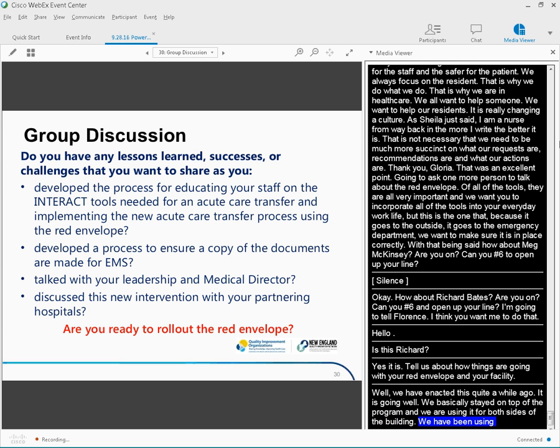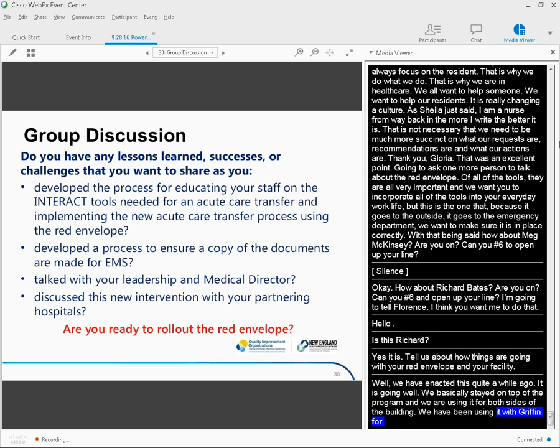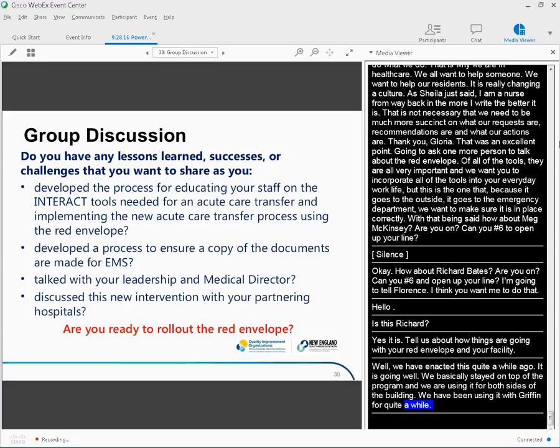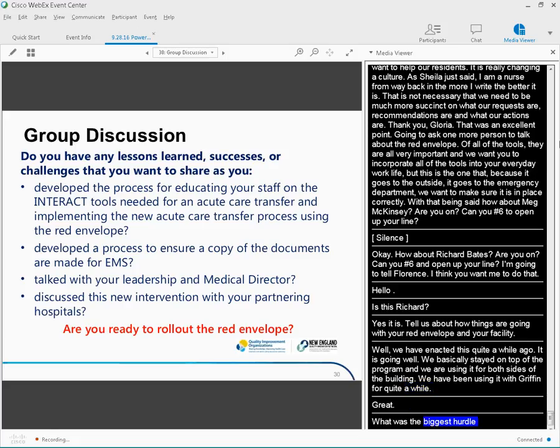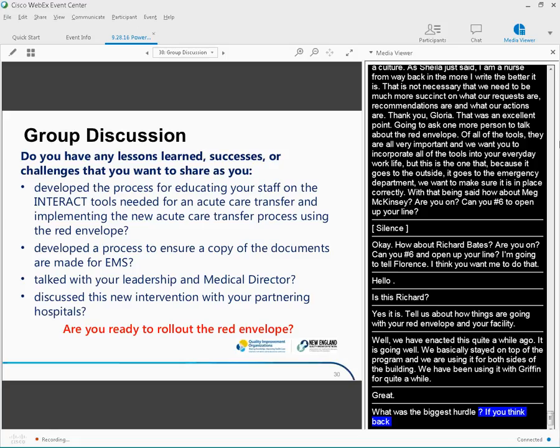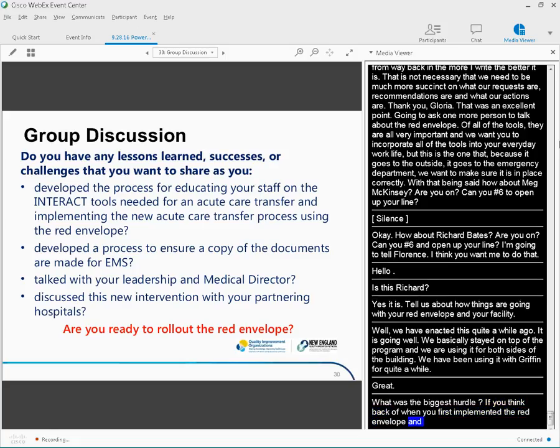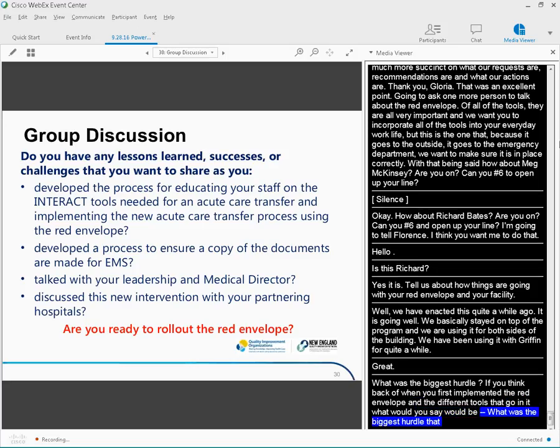And what was the biggest hurdle, if you think back to when you first implemented the red envelope and all the different tools that go in it? Well, I think the biggest hurdle was to get all the nurses on board to understand the importance of it and to utilize it.